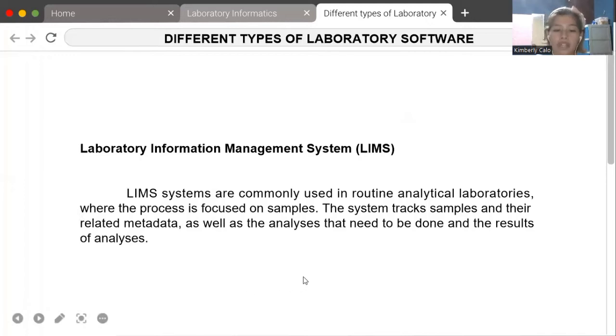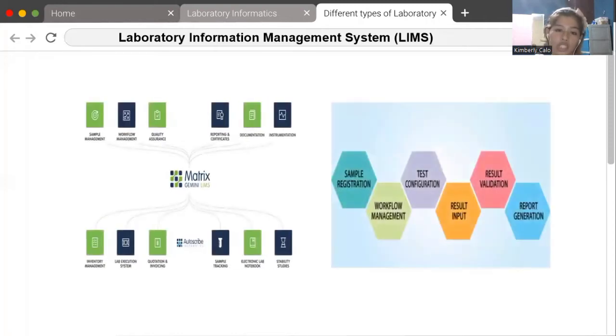LIMS systems use several tools that simplify the process to ensure integrity such as barcoding, scanners, label printers, and integrations with other relevant databases, for example, hospital information system. I will not go deeper on this one because Ms. Daolong will give you more information about this topic. This image is an example of LIMS.